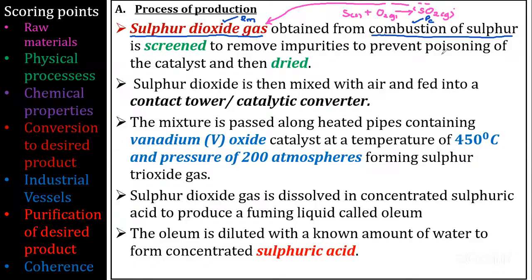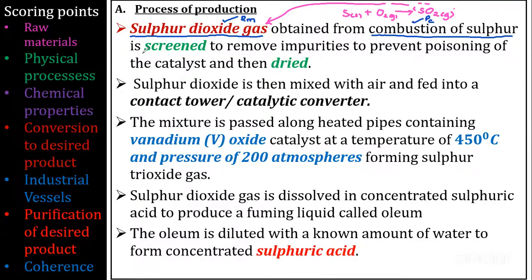So once you make this sulfur dioxide gas from this equation of burning sulfur in oxygen, you make sure that it is purified to remove any dust and any impurities in order to make it pure and safe for use.